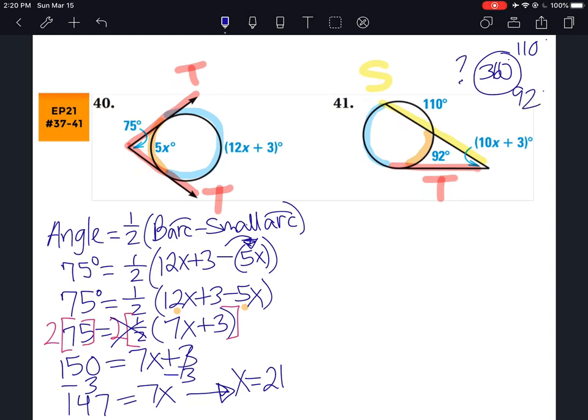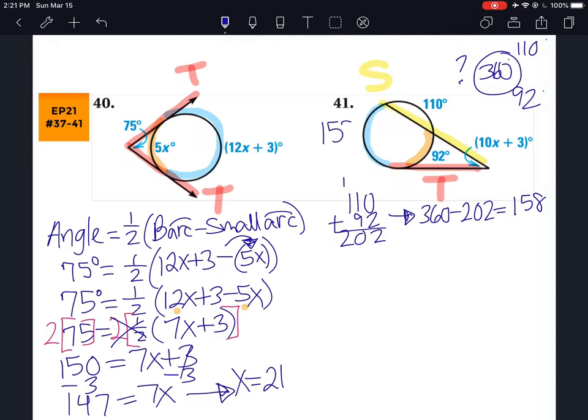So to find out the missing arc, I can just add those two numbers and subtract it from 360. So let's add up 110 plus 92, and I'm going to get 202. Then I'm going to do 360 minus 202, and I'm going to get 158. And 158 goes right here.